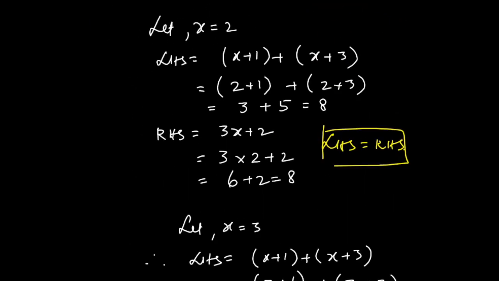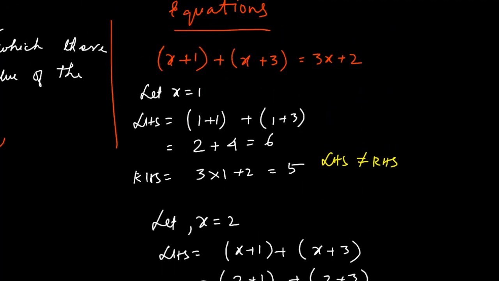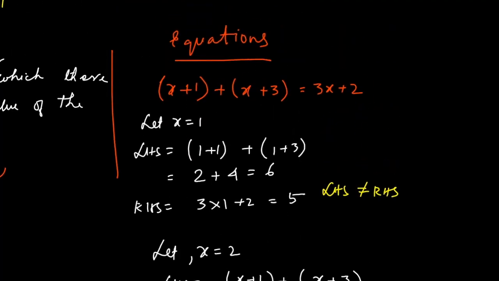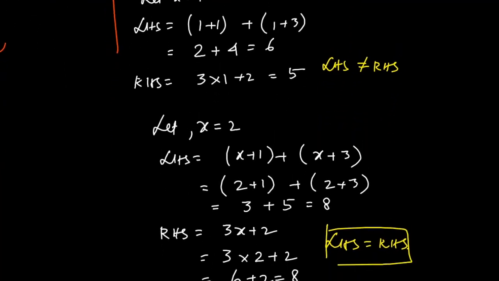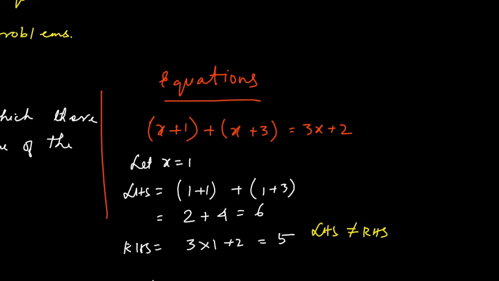So this type of expression, which is satisfied for only a particular value of x or one or more values of x, here we have seen that it has a solution for x equal to 2 only, so it is solvable for a particular value of x, it is called an equation.